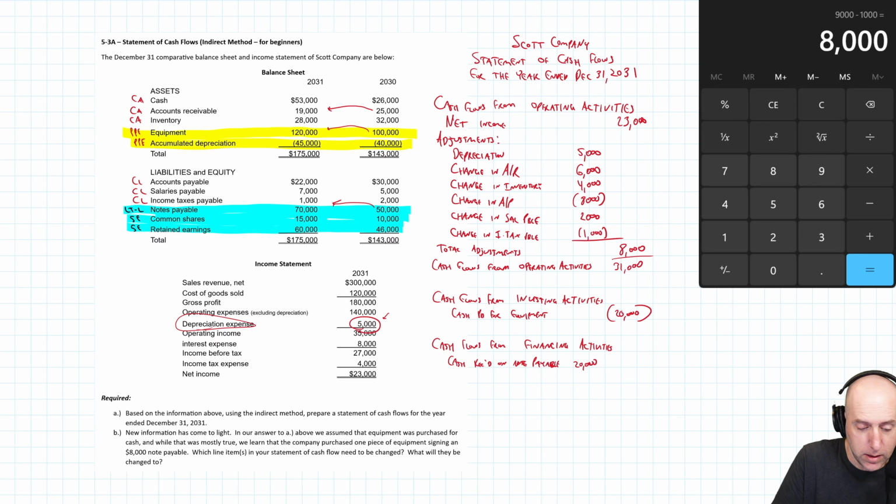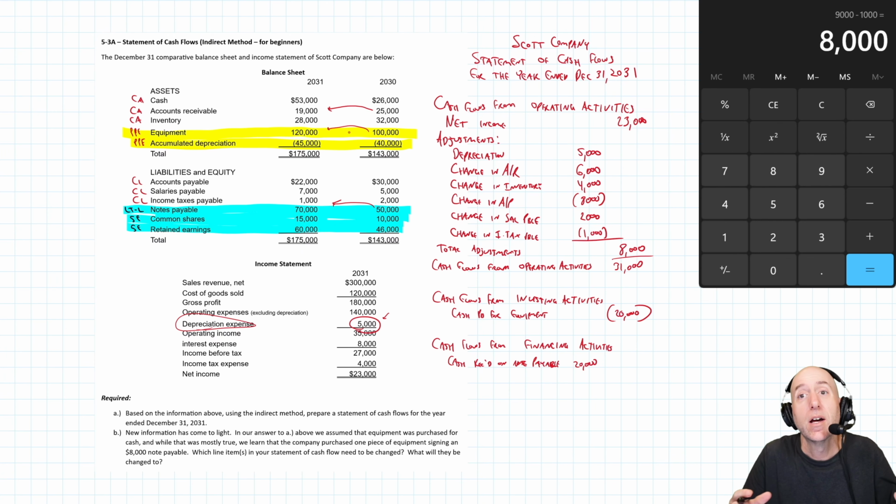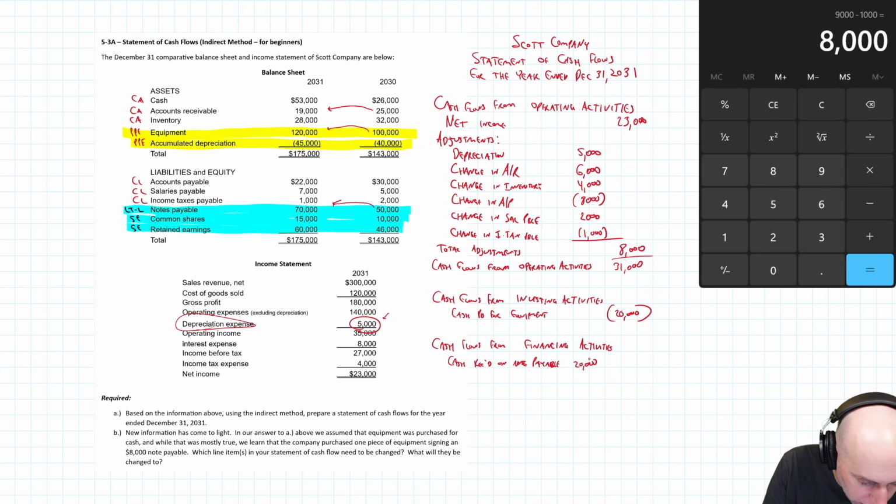Maybe if we knew something, we might say, oh, we borrowed the money for the equipment and maybe no cash changed hands. We'd have to receive that in the additional information, right? We have $20,000 of new equipment. We also have a $20,000 new note payable. That seems to match, but it didn't tell us otherwise. We have to assume we just borrowed the money. What about shares?